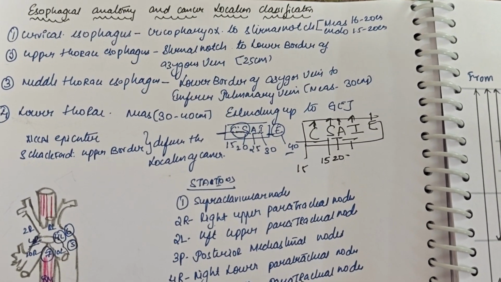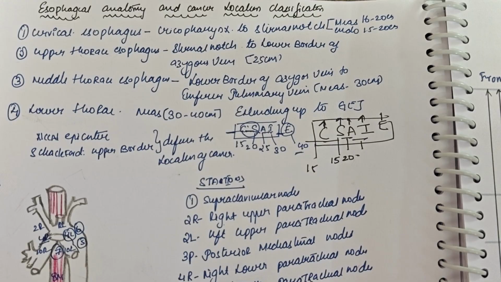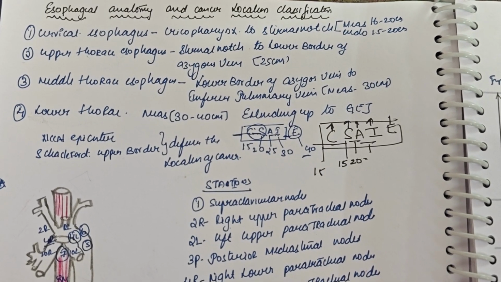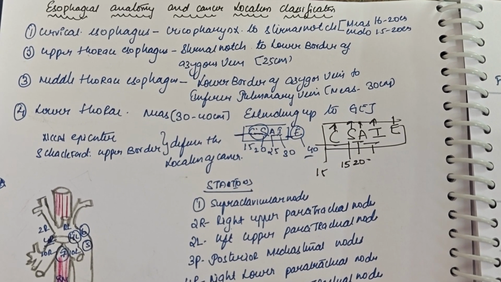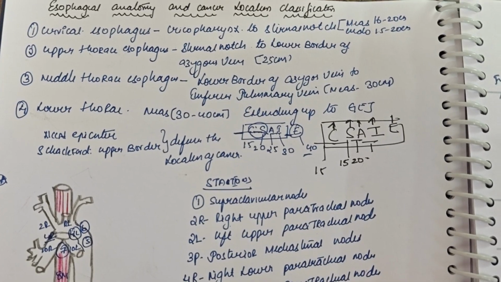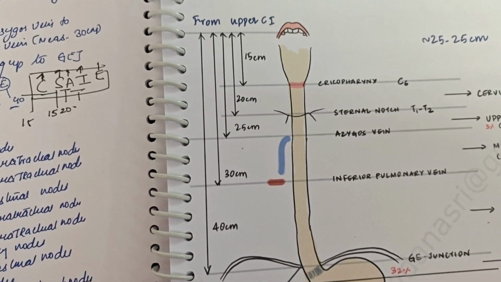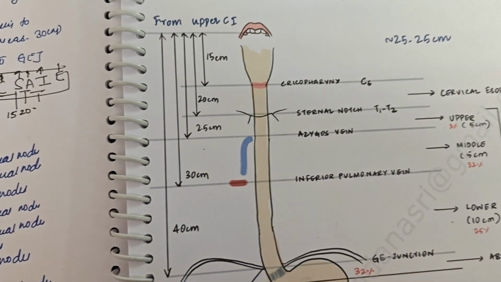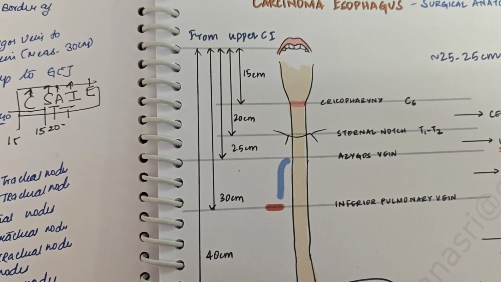So, the first point is the cervical esophagus. What is the cervical esophagus and where does it start? The cervical esophagus starts from the cricopharynx to the sternal notch. If you observe this diagram carefully, these are the lips, incisors.